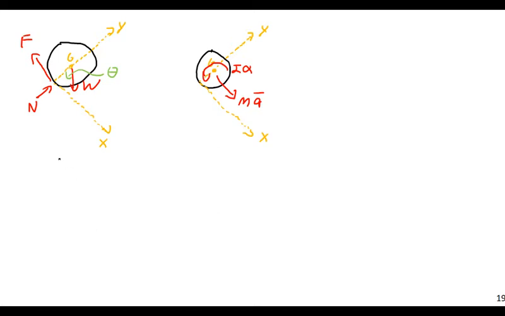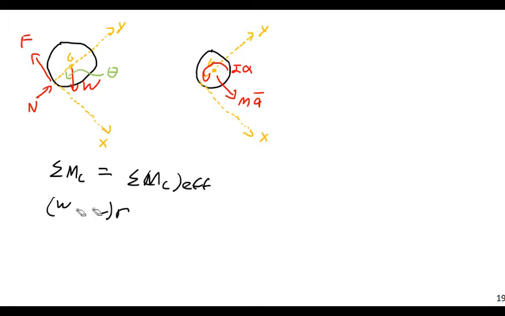So the sum of moments about C will be equal to the summation of moments about C effectives. In other words, it's basically the moments produced by the inertial forces. And so this will be W sine theta times R. Oh, that's a really bad sign.